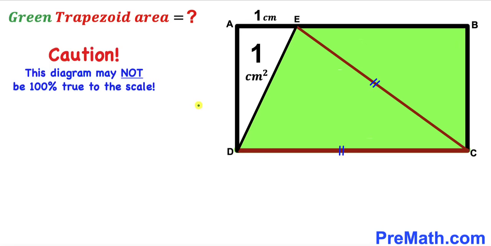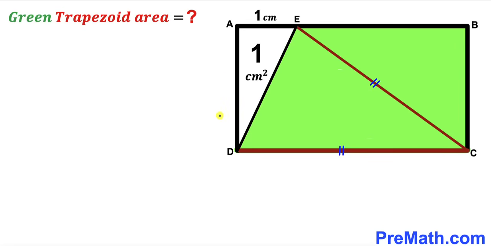Please keep in mind that this figure may not be 100% true to scale. Let's go ahead and get started. Here's our very first step. Since we are interested in calculating the area of this green shaded trapezoid, let's recall the area of a trapezoid formula. Area is always equal to the height h times the sum of the bases a and b, all over 2.